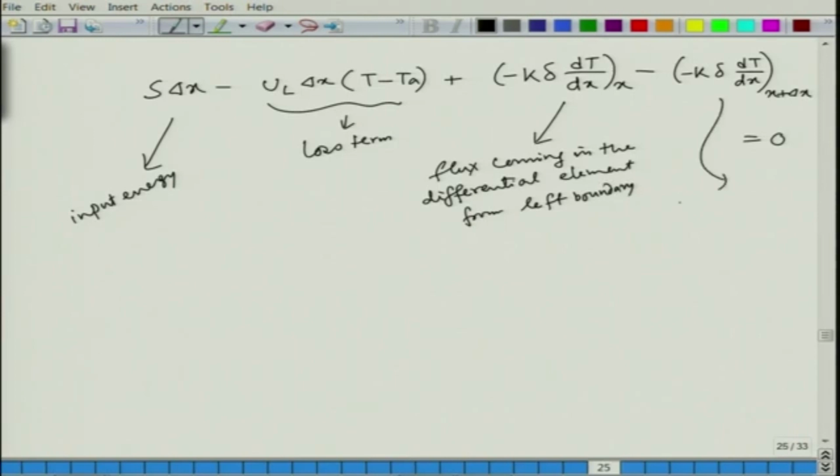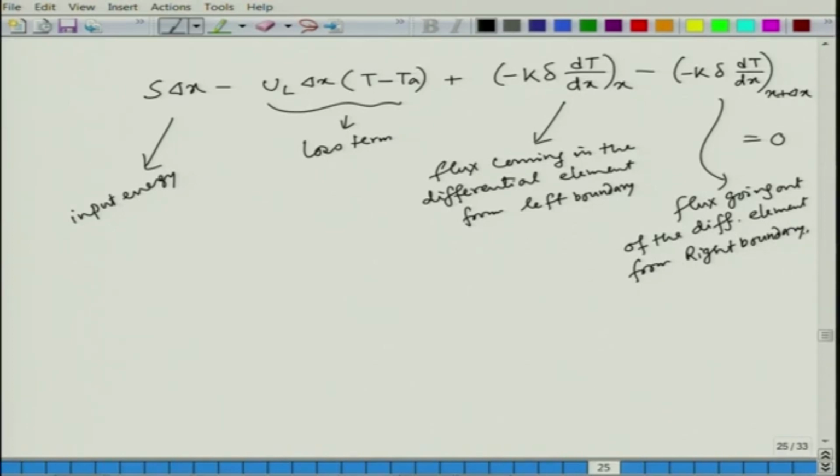And this term is what? Flux going out of the differential element from the right boundary, and all these terms have to cancel each other in totality, and that is why we have 0.